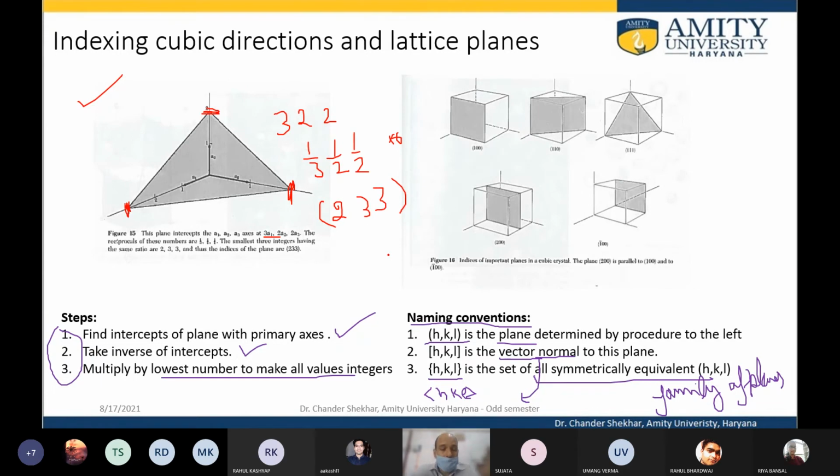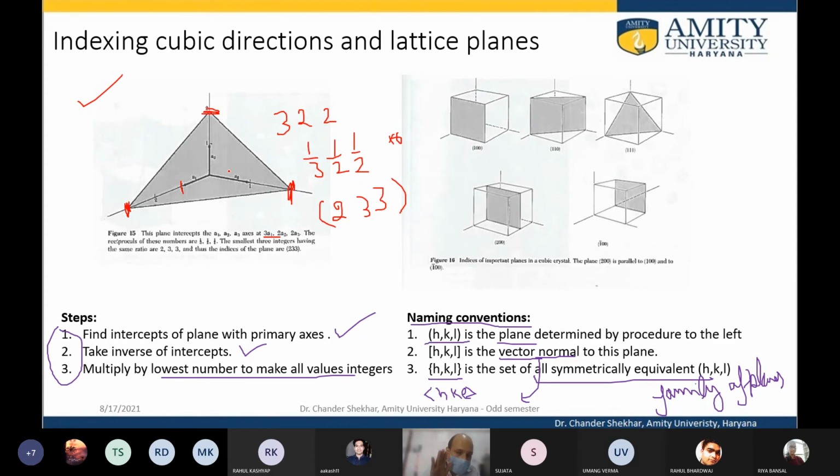Now, if I need to take an integral multiple of the translation vector, then on the x-axis it is intersecting at 3, and on y and z at 2 and 2. Suppose I want to accommodate this, because there is a family of planes that are parallel to one another, so I can accommodate this particular plane in one unit as well.